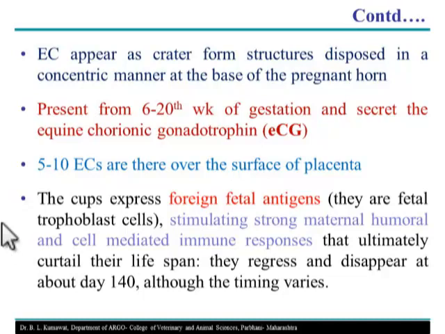Since these endometrial cups are fetal in origin, they express some foreign fetal antigens, and these antigens stimulate strong maternal humoral and cell-mediated immune response, and ultimately curtail their lifespan, and they regress and disappear at about day 140, although this time may vary.